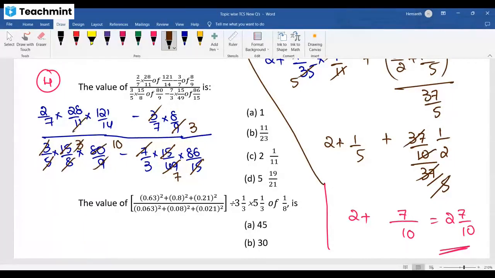Here, if you cancel all the terms, I got this as 44 by 7 minus 8 by 21. Numerator is 44 by 7 minus 8 by 21. Denominator 10 minus 86 by 21, it seems.